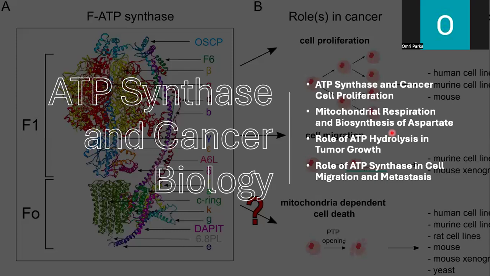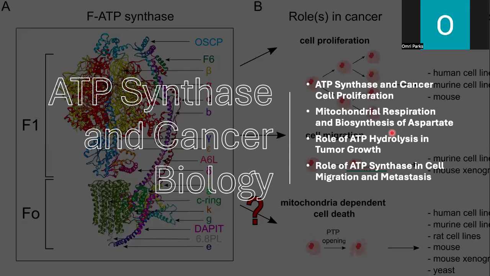It's also important to note that cancer cell proliferation can be rescued by FCCP, which is basically a compound that functions as a proton ionophore and a mitochondrial uncoupler, and the group also described this in their paper.